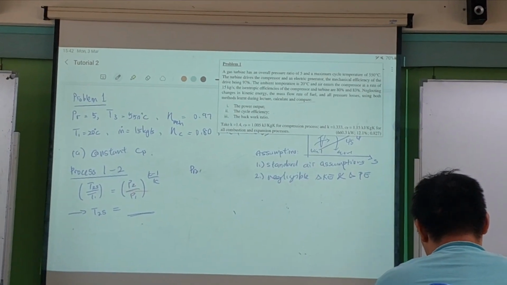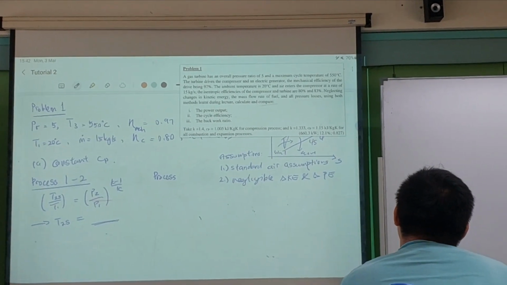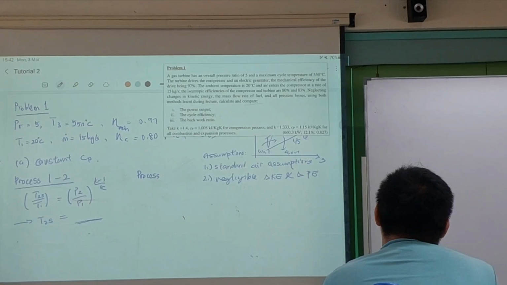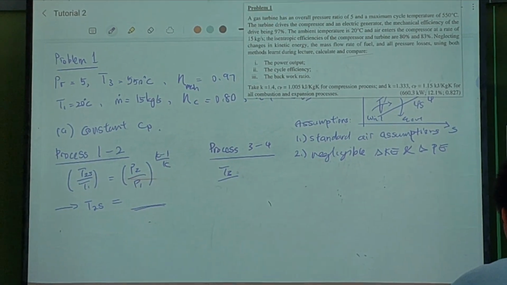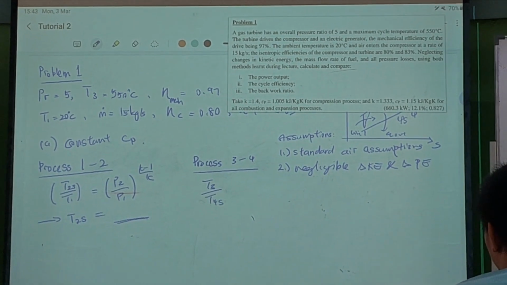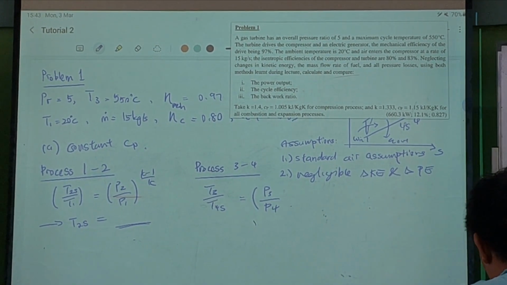Then for now, you can choose to calculate T2a, or T2, based on the isentropic efficiency, or you can just leave it here first. You can demonstrate process 3 to 4. Here also same thing: T4s over T3 equals to the pressure ratio relation.